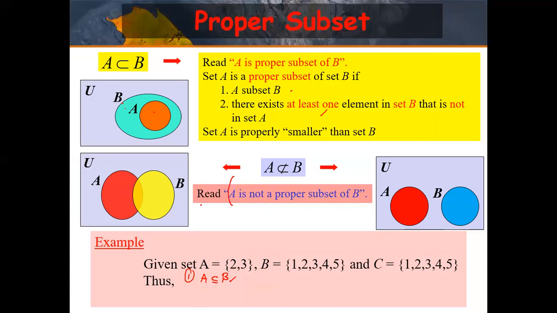Second condition, there exists at least one element in B that is not in A. Elements 1, 4, 5 are not in set A. So we can say that A is a proper subset of B.